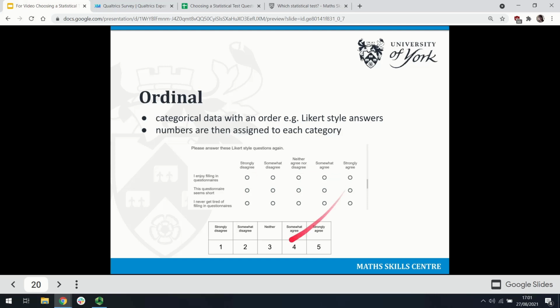And then what happens is we assign these to numbers, and it's the numbers that we use to analyze. That's a really typical example of ordinal data. Other examples would be degree classifications, so first, 2:1, 2:2, third, or places in a race. Did you come first, second, third, fourth, etc.